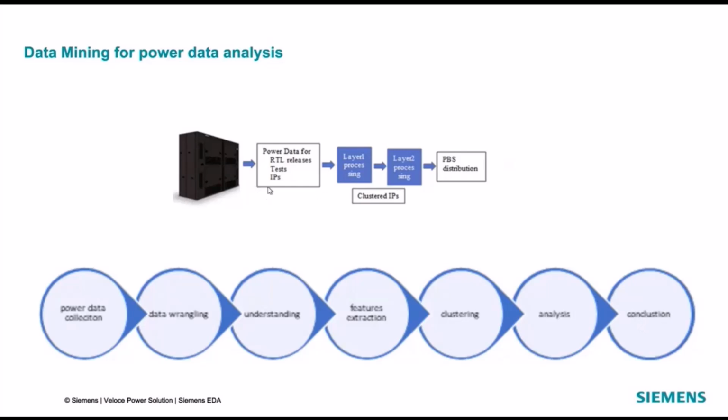So in this picture, you see that power data is collected for various RTL releases, various tests, and various IPs. In layer 1, after the feature extraction, we do clustering of the IPs. And in layer 2, we do the PBS distribution. PBS is power behavior state distribution, and I will show you the experimental results.